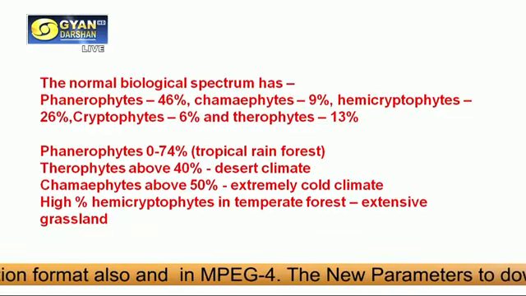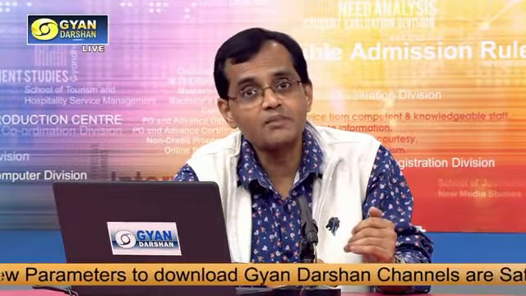So you see, one is the normal biological spectrum and another, as I already mentioned at the beginning, is the biological spectrum that you actually get. If you go to a desert, you will not get the normal biological spectrum because obviously the therophytes will be higher. If you go to an extremely cold climatic region, you will not get the normal biological spectrum. You will get the chamaephytes to be very high.